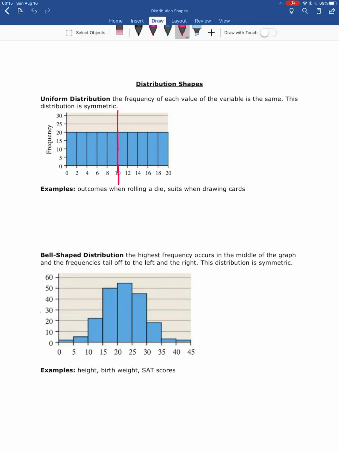I could fold it in half and everything would line up. Some examples of uniform distributions are the outcomes when you're rolling a die, or the suit you get if you randomly draw cards. So uniform distributions are seen a little bit more when we talk about probability. They're not so much seen in the natural world.